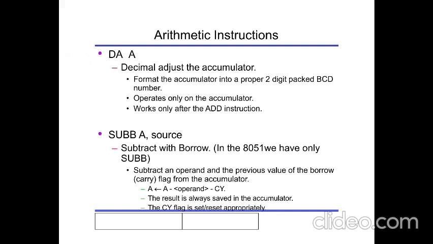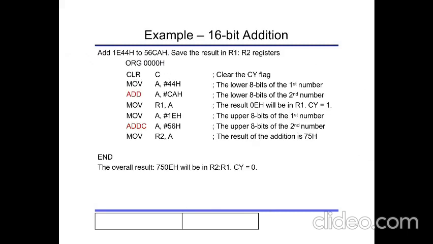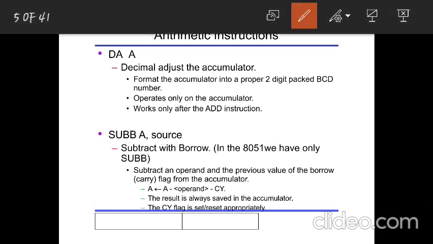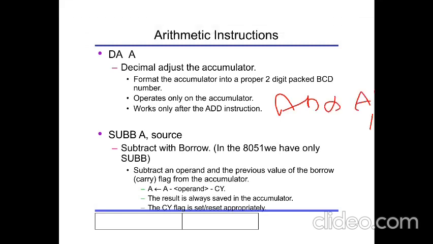If you do a normal binary addition or some other addition, the instructions ADD or ADDC, with carry, are enough. But for BCD addition, you need to write this after adding 2 digits.